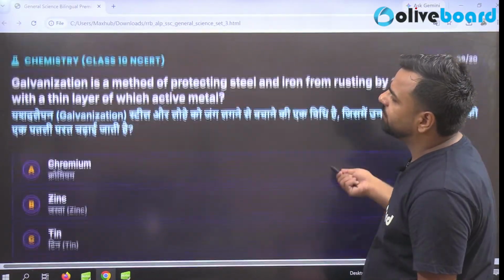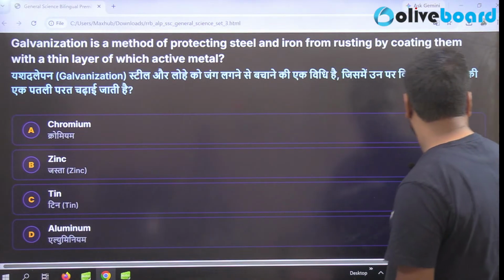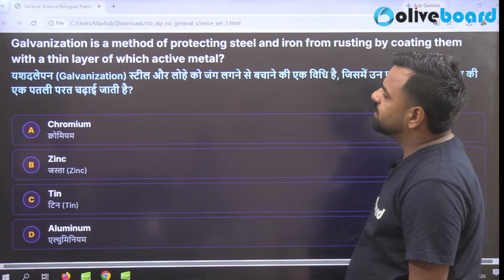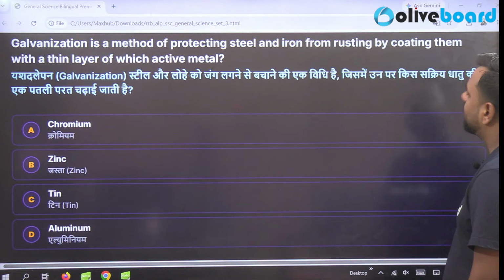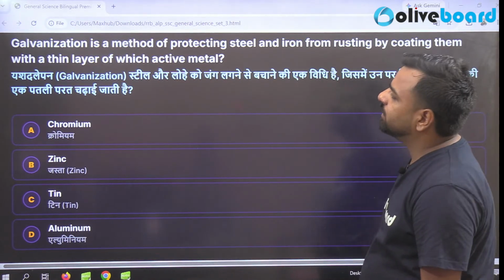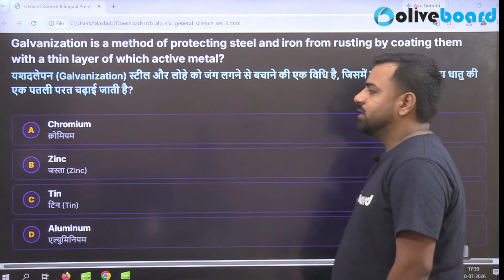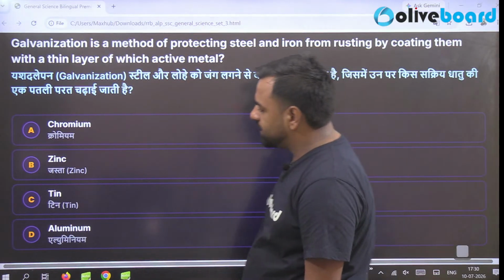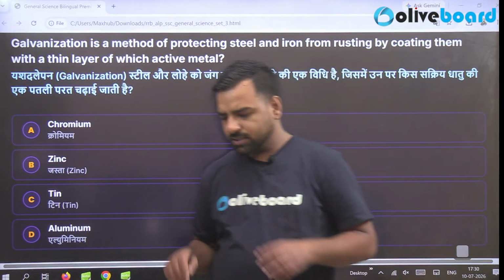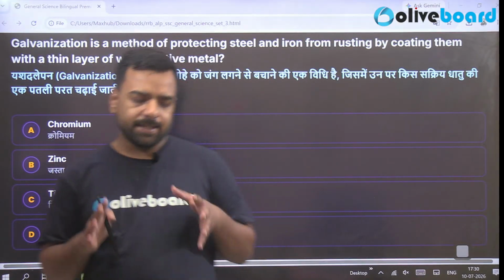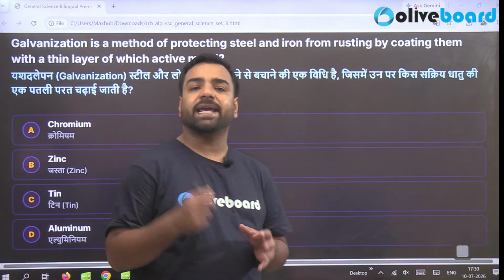Next is from chemistry. Okay, so the question is, galvanization is a method of protecting steel and iron from rusting by coating them with a thin layer of which active metal? Is it chromium, zinc, tin, or aluminium? What do you think is the correct answer? Galvanization is a process in which we prevent iron from rusting.